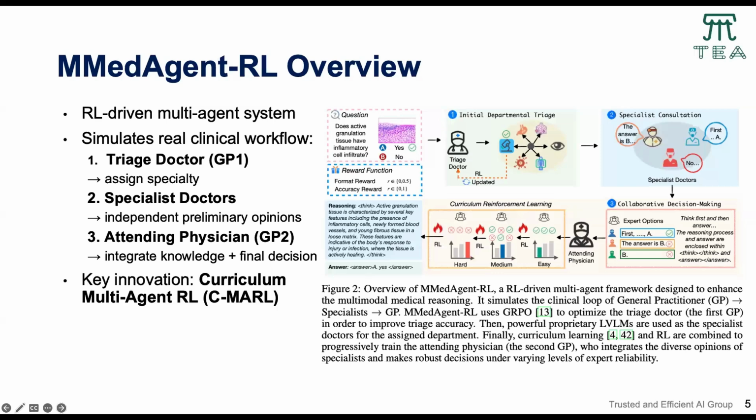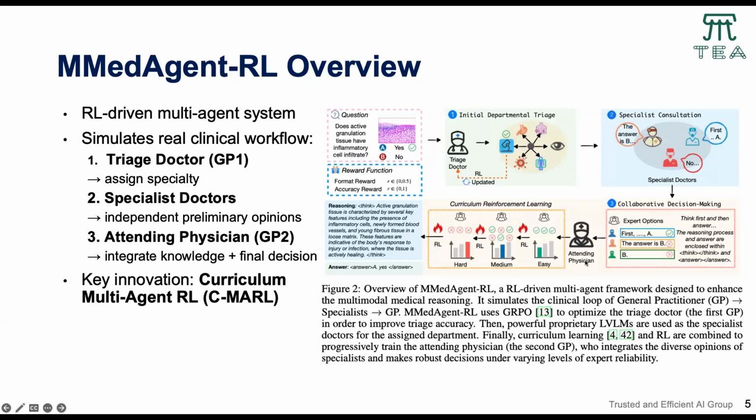So the key innovation of this pipeline is the curriculum multi-agent RL they proposed. For example, here, one patient comes to the hospital, and then goes to see the triage doctor first, and then the triage doctor will send the patient to the specialty department, like radiology, pathology, etc. And then the specialist doctors will give conclusions based on the patient situation.